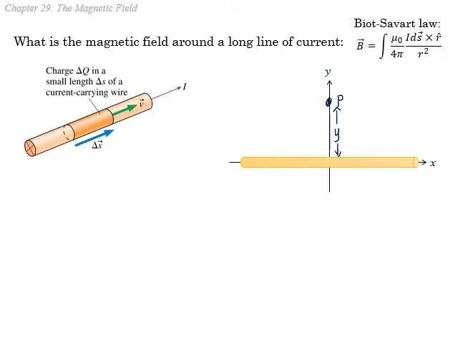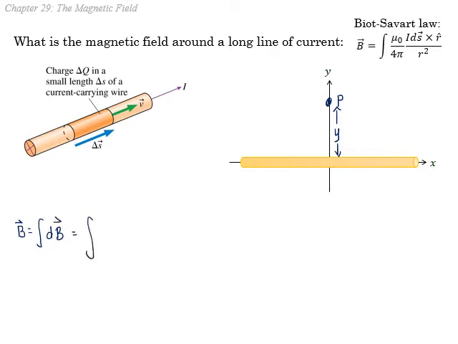Why don't we take this a little bit slowly and fill things in step by step as we go. So let's start with writing down our expression for the Biot-Savart law. Our total magnetic field is what we get by summing up the contribution due to each little bit of field. So we add up all the small pieces of field to get the total field.